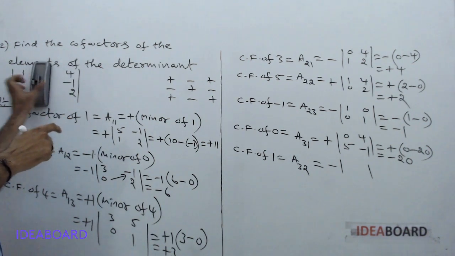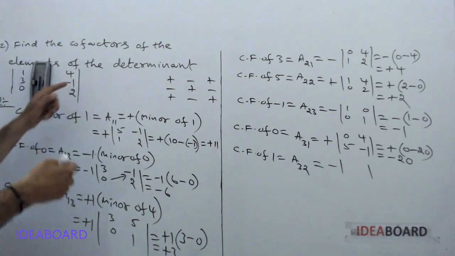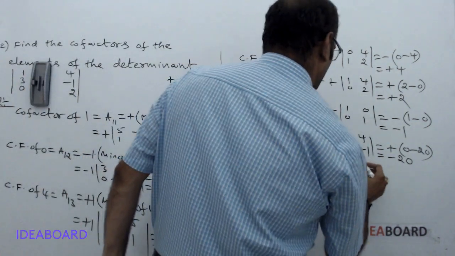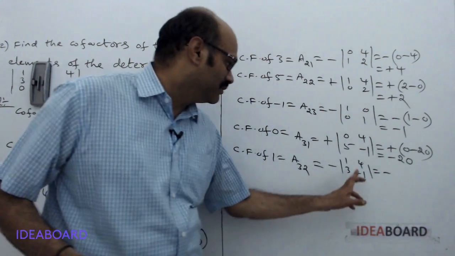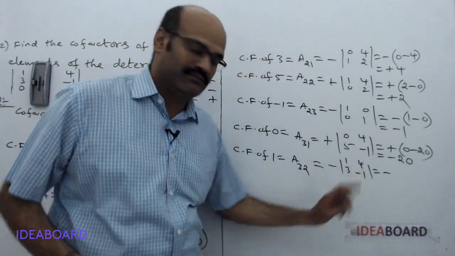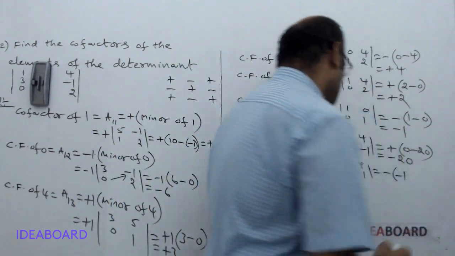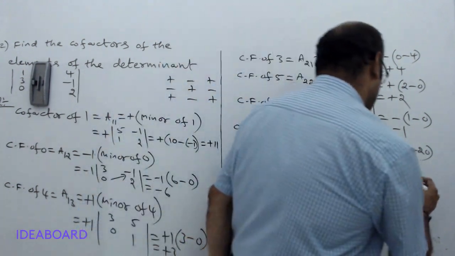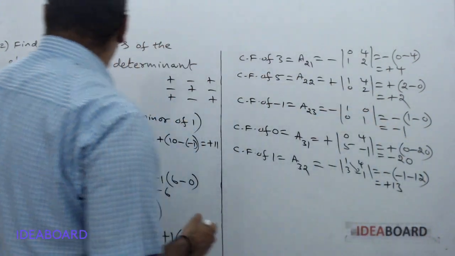So remove second column and third row. The remaining elements are 1, 4, 3, minus 1. Equal to minus of 1 into minus 1, product of these two elements, minus 1, minus 4 into 3, 12, so equal to plus 13.